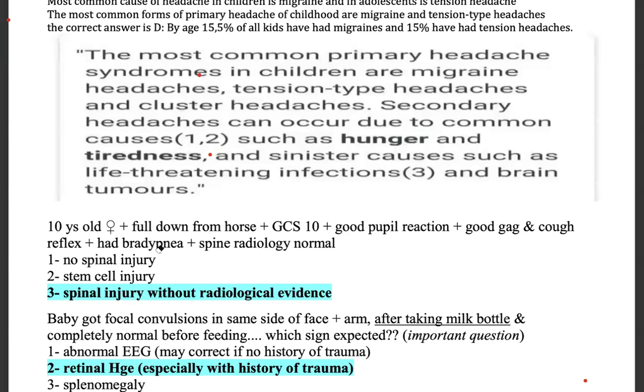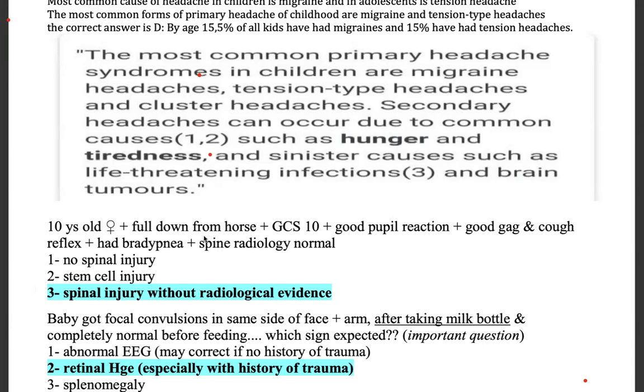There is bradypnea here, GCS is 10, and she fell down from a horse. Spine radiology is normal. So do you think there is no spinal injury, or a stem injury, or a spinal injury where the radiological evidence is not there? This is what you will choose.